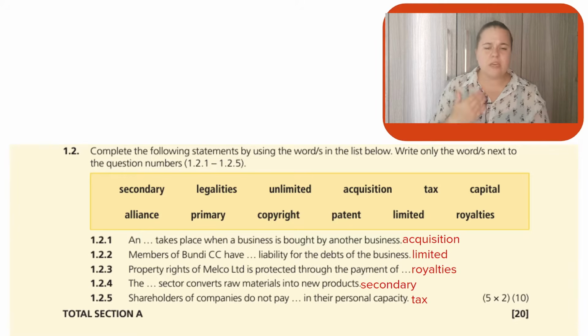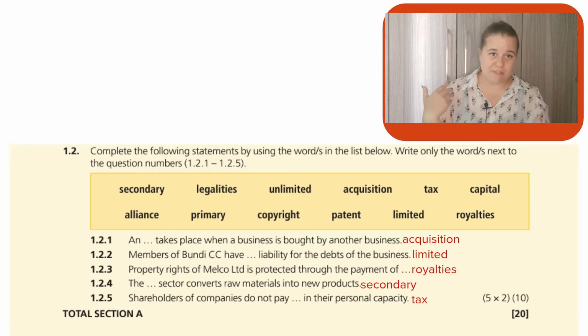So like I mentioned for the first one, let's look at the first one again. What takes place when a business is bought by another business? Now, from what you can remember from primary school, if something says an, we know the next word is going to start with a vowel. So that's a little tip there. So already, if we look at all those options, we only have alliance and acquisition left.